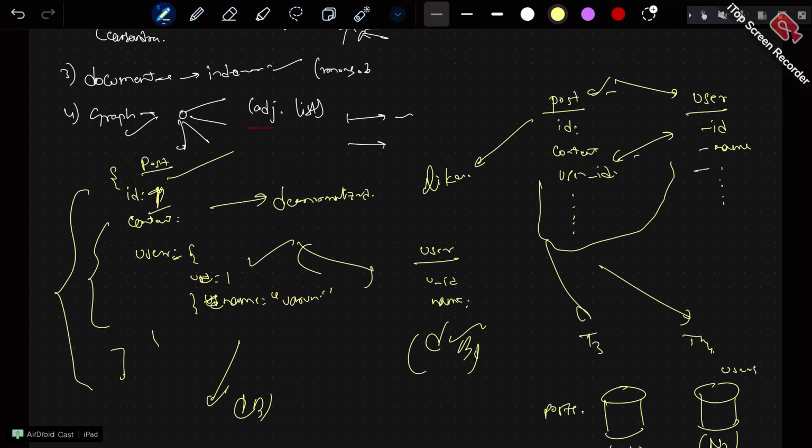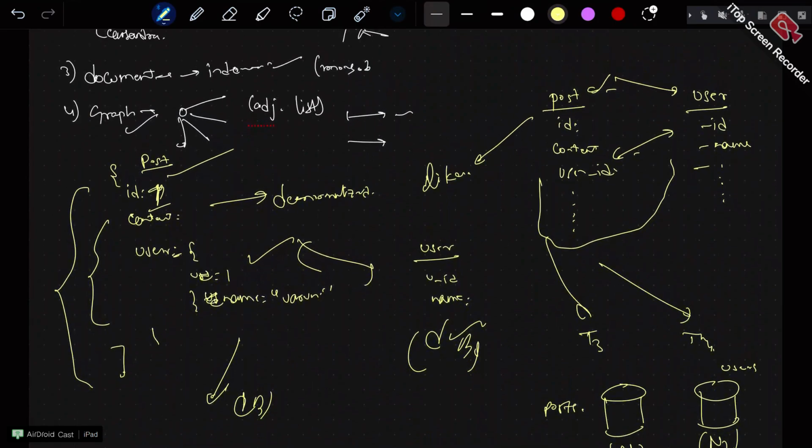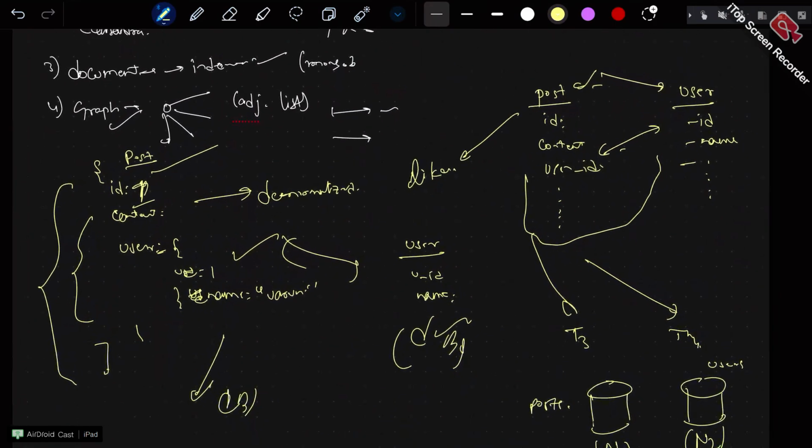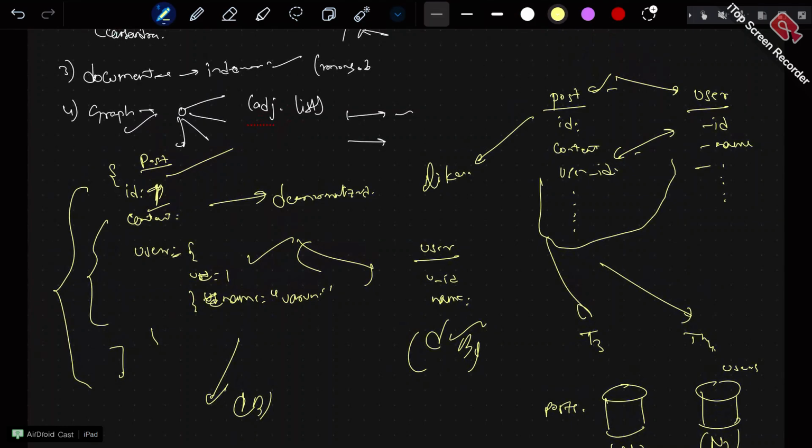Now a very important thing, just remember, this is the most important aspect I am trying to explain: why SQL and NoSQL segregate between these two. Whenever you are using a relational database and you have made a relation, you are trying to join the tables. Now the problem is, how are you going to join between this node and this node?